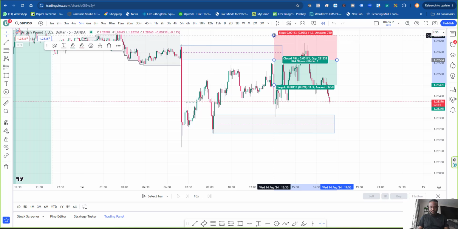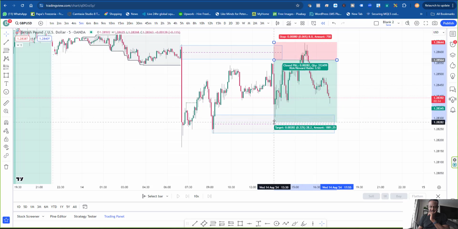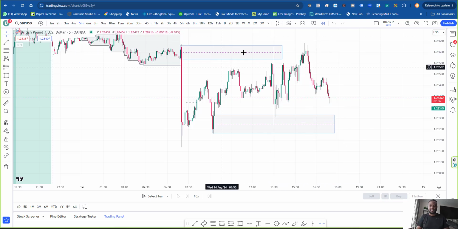Yeah. Right, so that was at least a 2 to 1 or 3 to 1, something like that. Yeah, so it got to 3 to 1. Clean short trade there, boom, money made, banked. Then price took the demand as well.